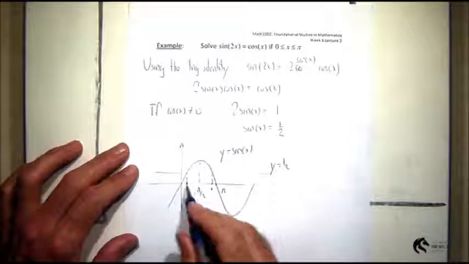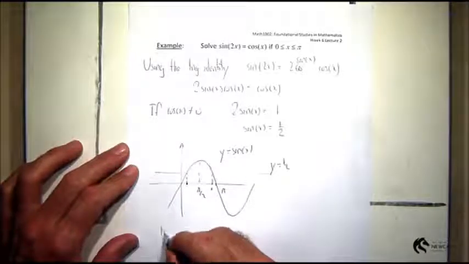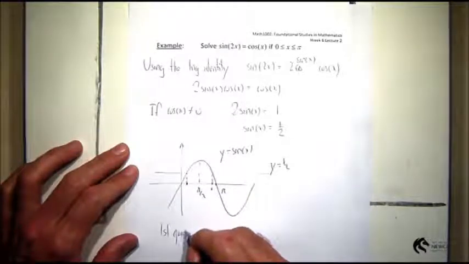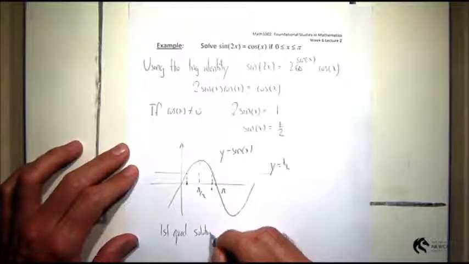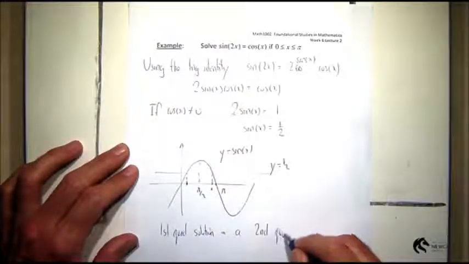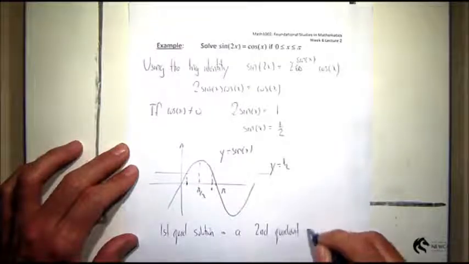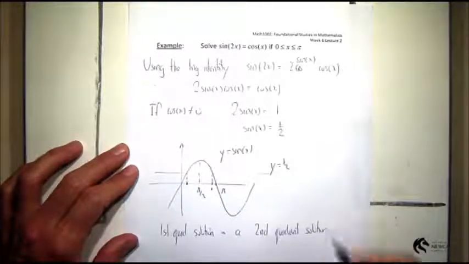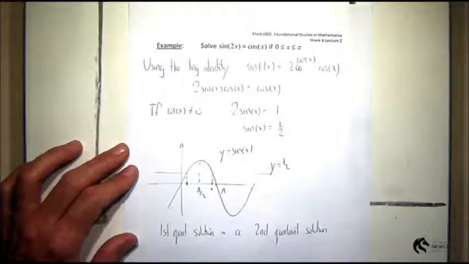So there's a first quadrant solution and a second quadrant solution. So sine x equal to 1/2 is going to have two solutions, one in the first quadrant and one in the second quadrant.